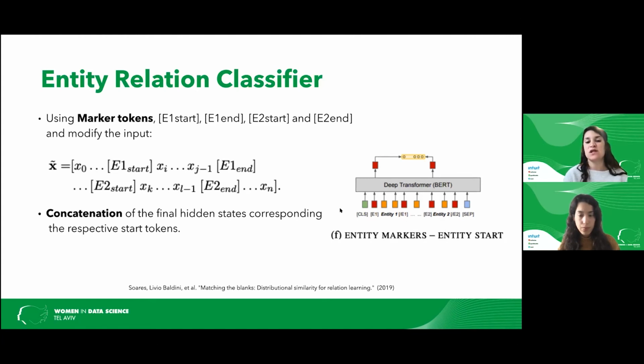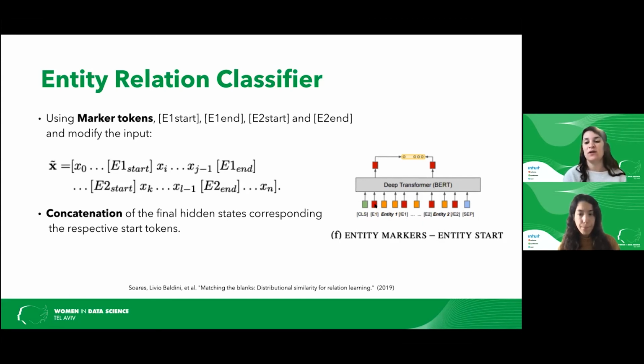And then we can insert the modified sentence into a BERT model that gives us the contextual embedding of each one of the words in the modified sentence. We use the contextual embedding of the start marker of entity 1 as representing entity 1.